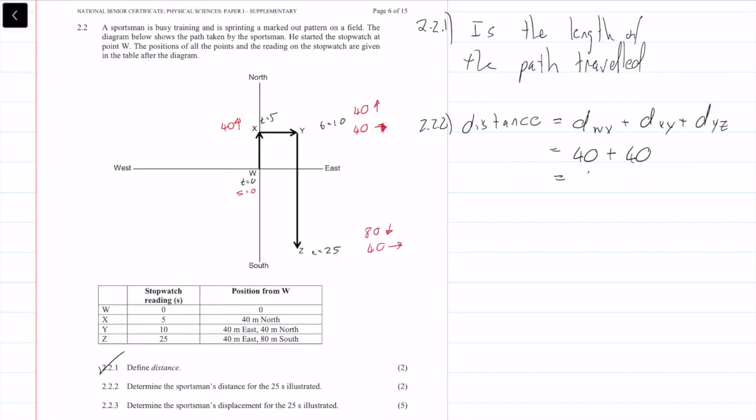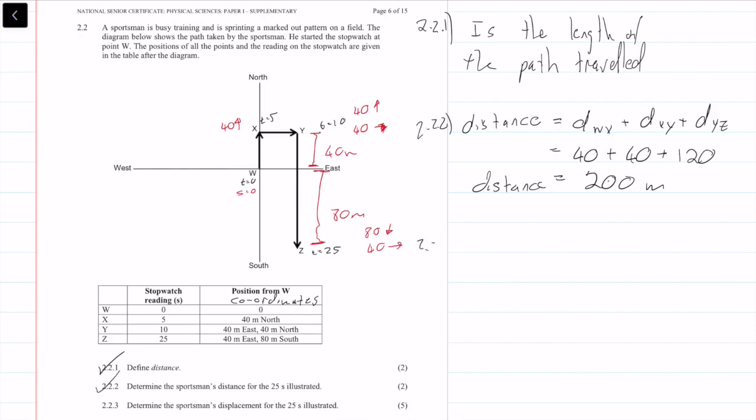This distance here was 80 meters, and this distance here is 40 meters. So the distance from Y to Z is actually 80 plus 40, which is 120 meters. If we add that all up, we get a total distance equaling 200 meters. Remember these were the coordinates. Cool stuff, and we get 2 marks for that.